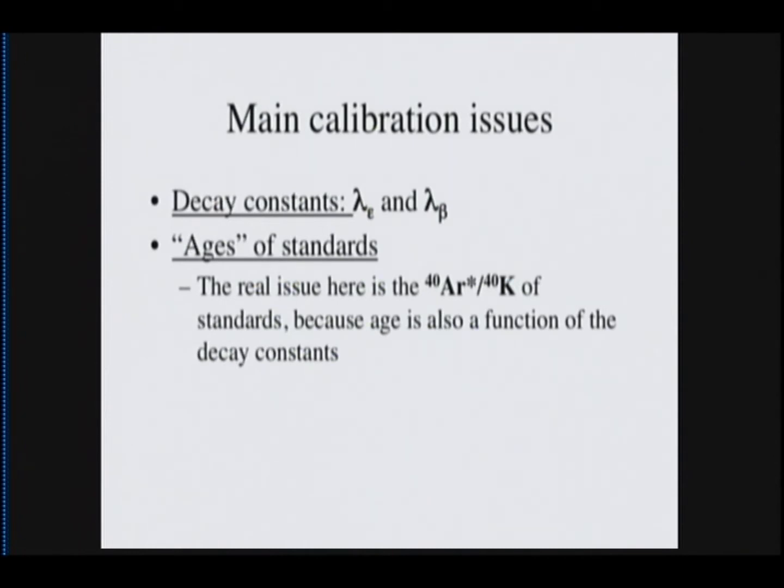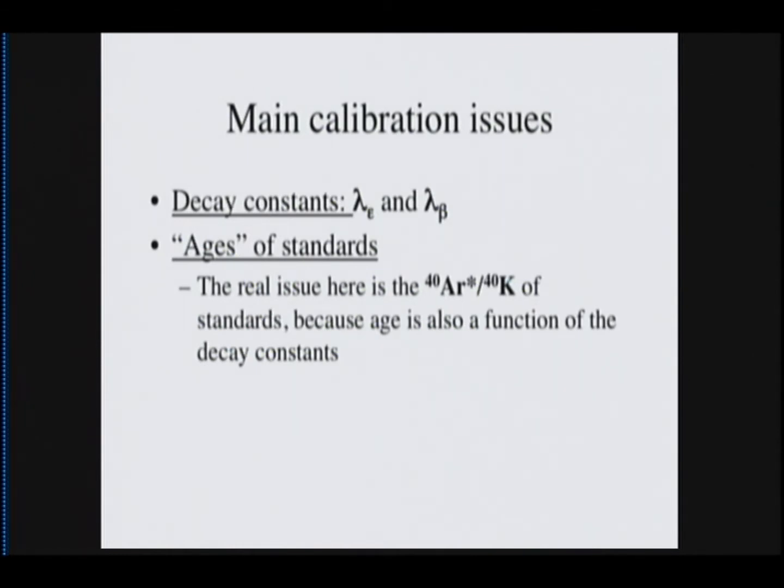because many people, when they talk about the argon-argon system and what calibration you're using, typically the focus is on what age of the standard did you use. But that's not really the real question, because the age of a standard, just like the age of an unknown sample, is dependent on the decay constants.